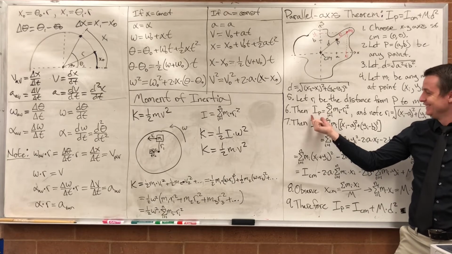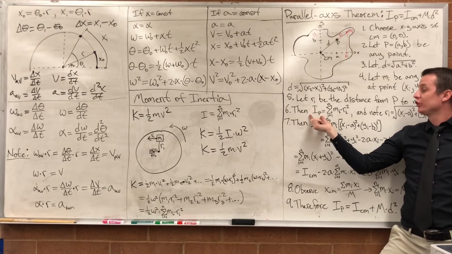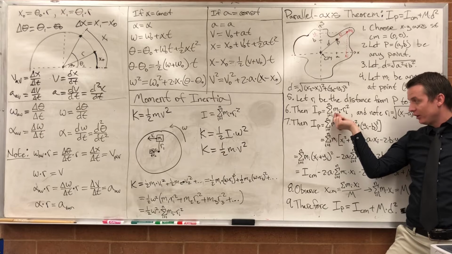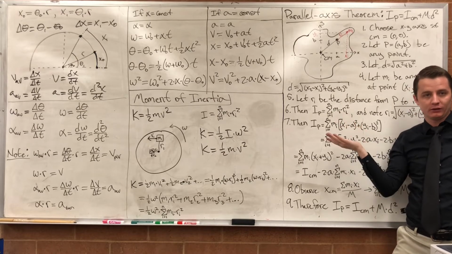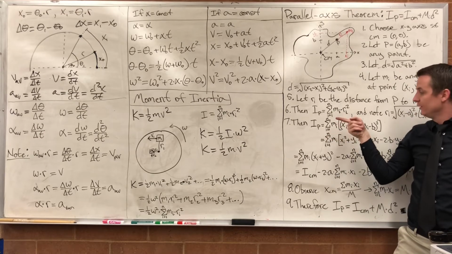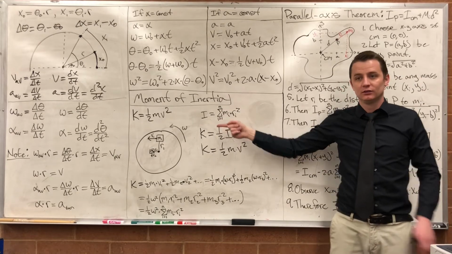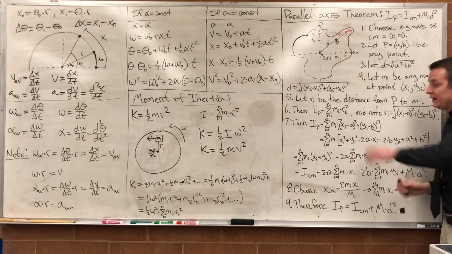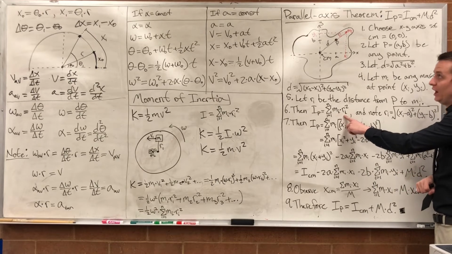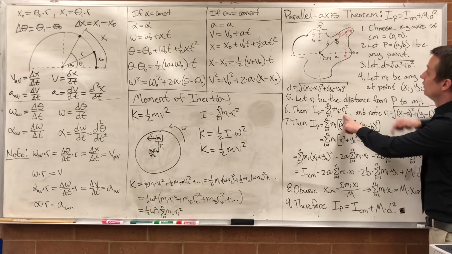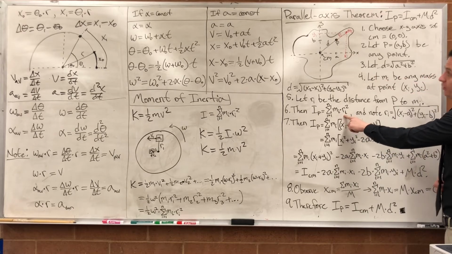Anyway, the moment of inertia around P is equal to the sum of all the masses times their distance from P squared. That's just the definition of the moment of inertia. Well, what is r sub i in terms of x and y? Here's where we use our distance formula.